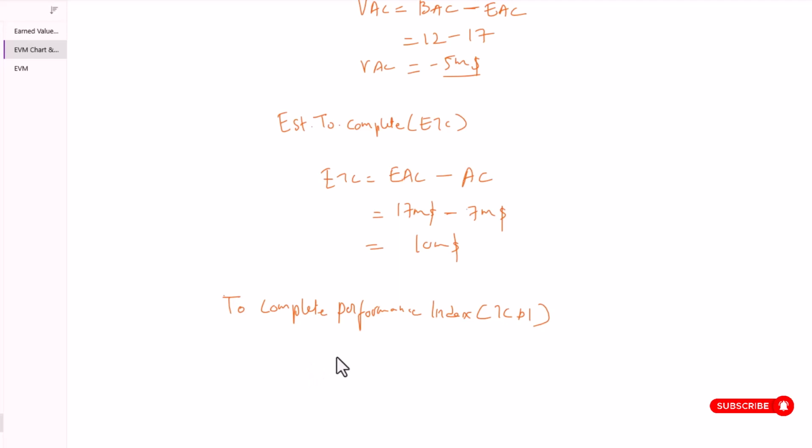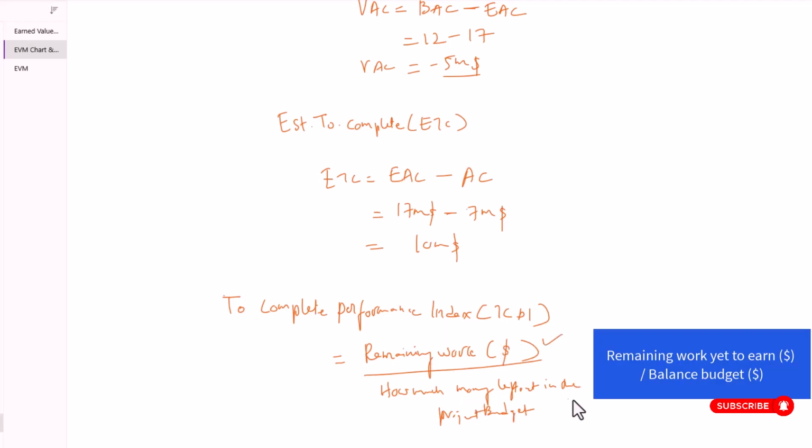TCPI is a ratio between remaining work in terms of dollar value divided by how much money is left in the project budget. That's about TCPI.